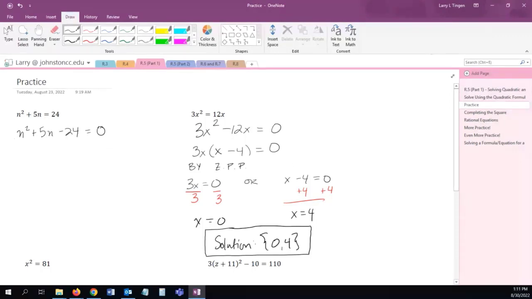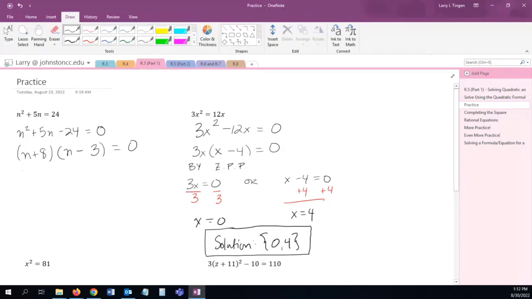This one is easy. The one on the left is relatively easy. Two numbers that multiply to negative 24 and add to 5. They multiply to a negative, so that means one's negative, one's positive. And then my middle term is positive, so that means my positive number has the larger magnitude.